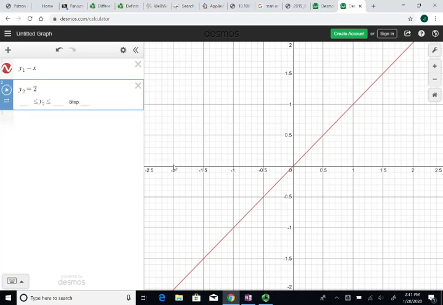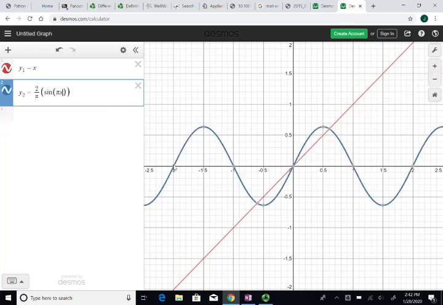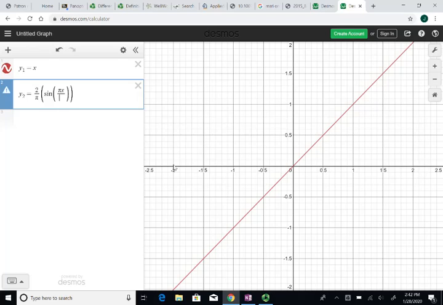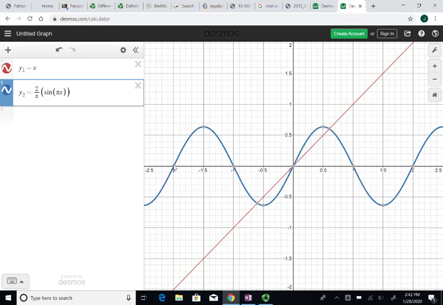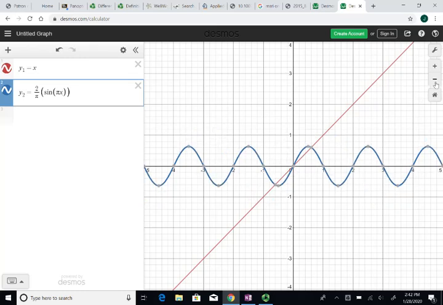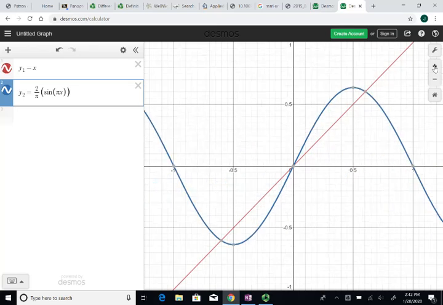So 2 divided by pi, and then in parentheses sine of pi x divided by L, so that will be sine pi x. That's the first approximation. Let me make it with more amplitude, so it will be until here.